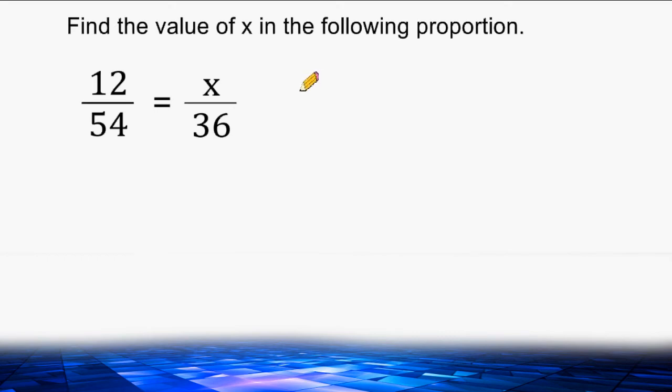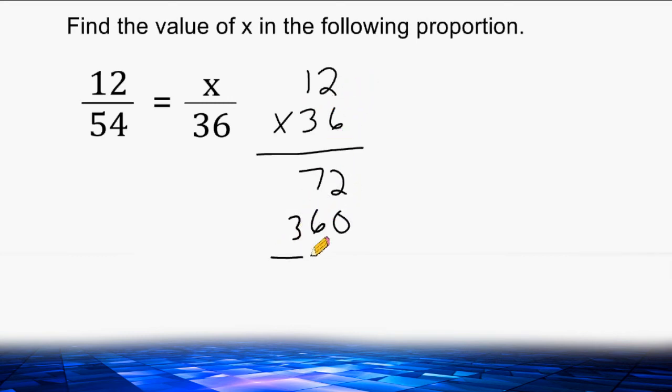Now, another way that many students like to solve a proportion is by actually multiplying out 12 and 36. That's the way that many teachers tell their students to do this. So we can take 6 times 12, which is 72, put a 0 here. 3 times 12 is 36. And that product ends up being 432.